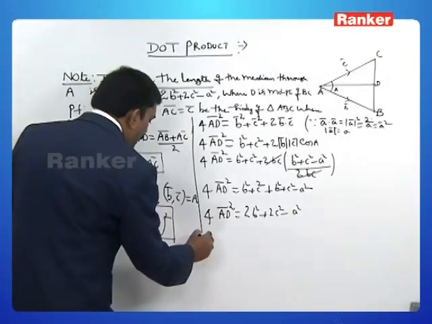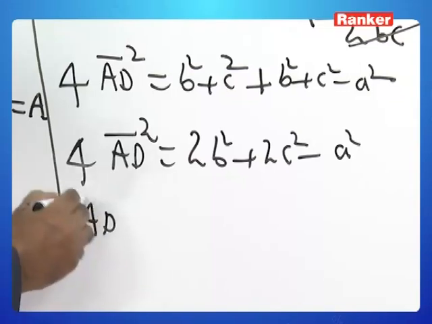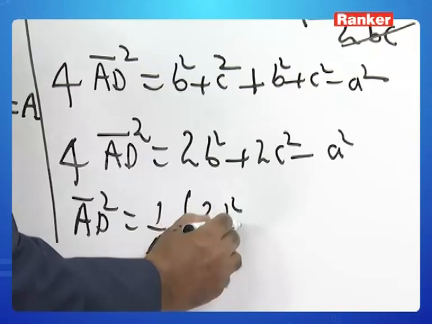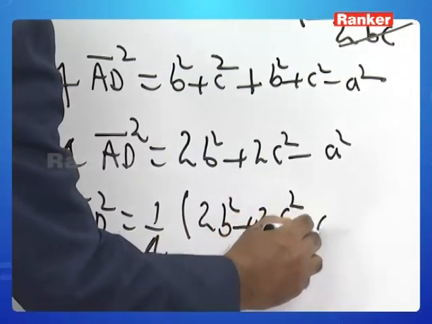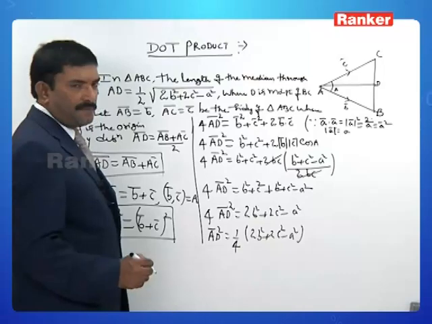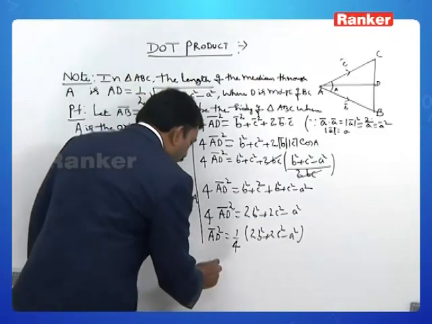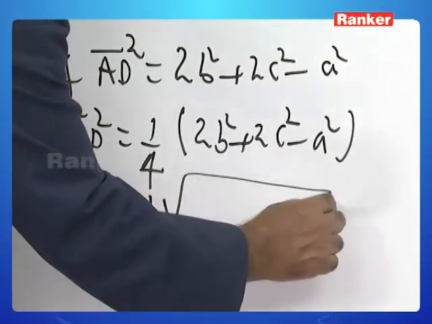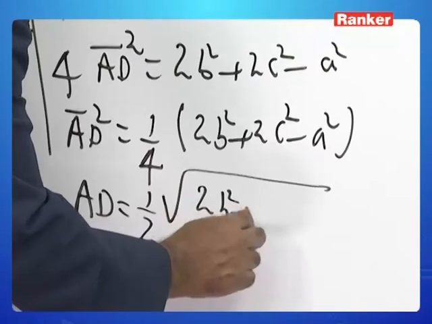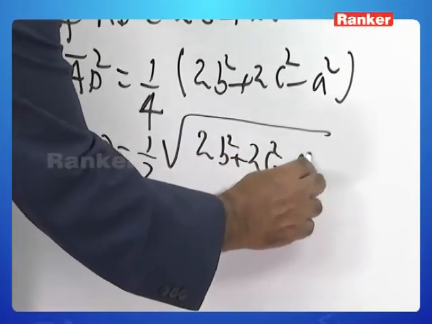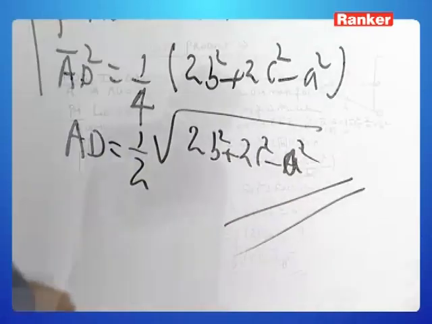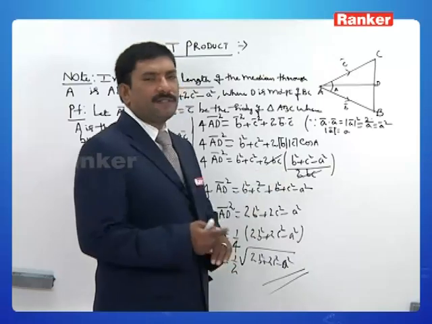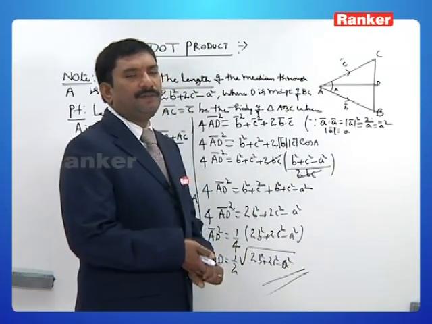So AD bar square is equal to one fourth of 2b square plus 2c square minus a square, which implies AD is equal to 1 by 2 into square root of 2b square plus 2c square minus a square. Remember? This is the length of the median through A.